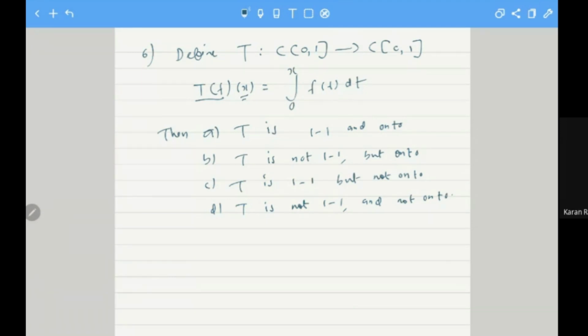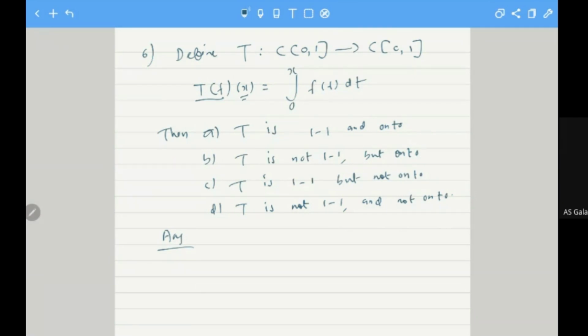So this transformation is clear, right? How it is defined? Yes, sir. Every continuous function is integrable. Yeah, right. Continuous functions are integrable, so you can integrate this. This makes sense. So the image of f at the point x is nothing but integral 0 to x f of t dt. So it is easy to verify that this is a linear transformation.